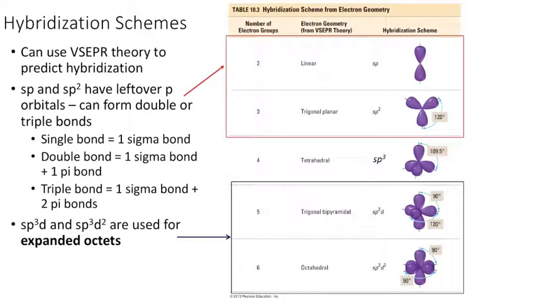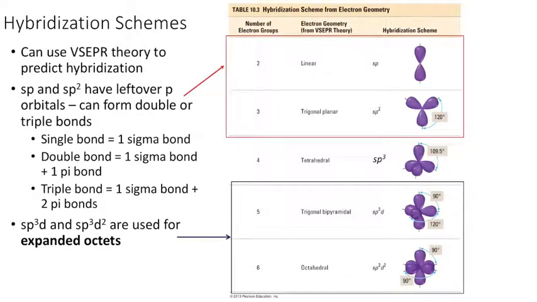With 3 electron groups and trigonal planar electronic geometry, you have 1 extra p orbital, and so you can form double bonds. The tetrahedral sp3 hybridization is less interesting in that sense, but sp3d or sp3d2, the 5 and 6 electron group hybridizations, account for the expanded octets that we had seen previously.